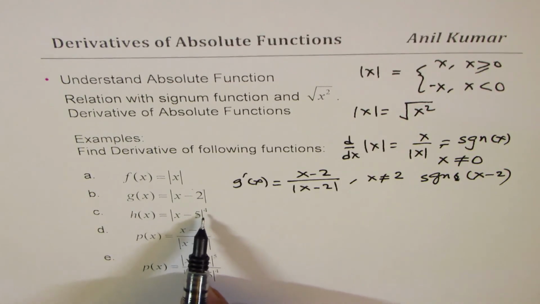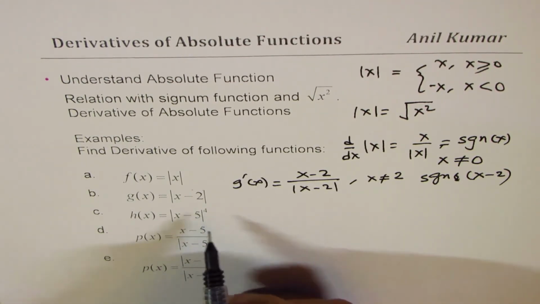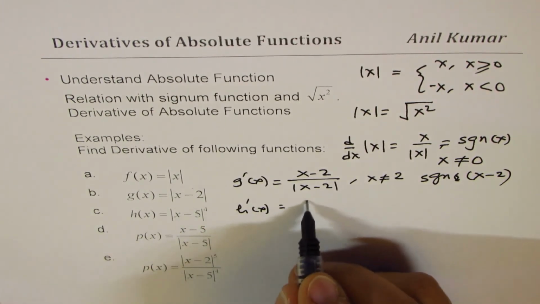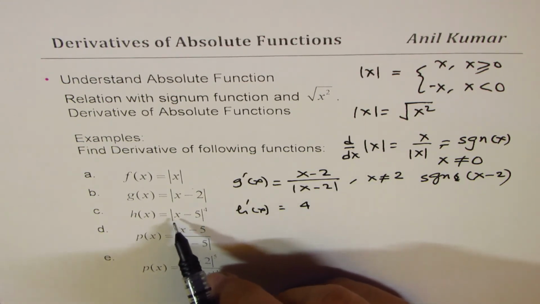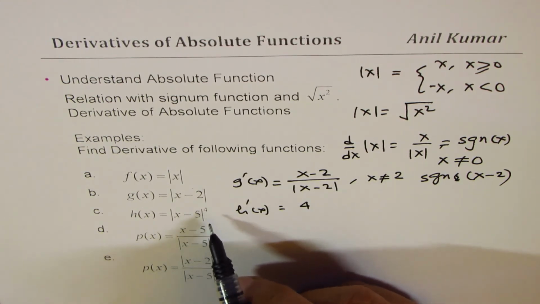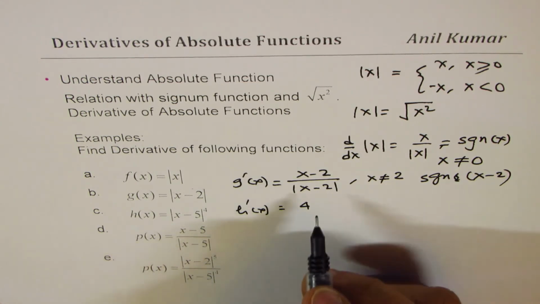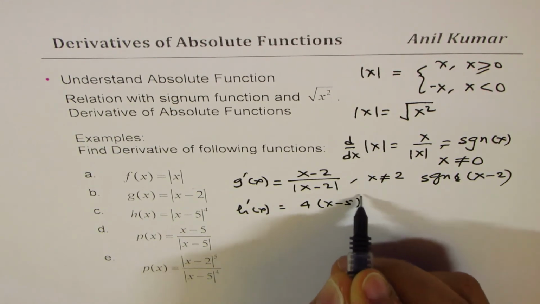Now, for the power of 4, we found that the derivative could be written as h dash of x equals 4 times, we just applied the power rule. And we found that this could be written as (x minus 5) whole cube, right? Which resulted in the solution as 4 times (x minus 5) whole cube.